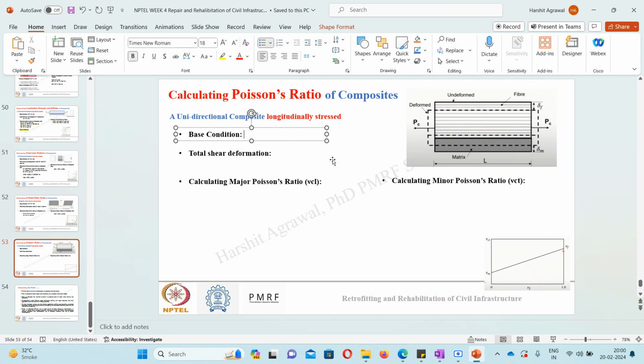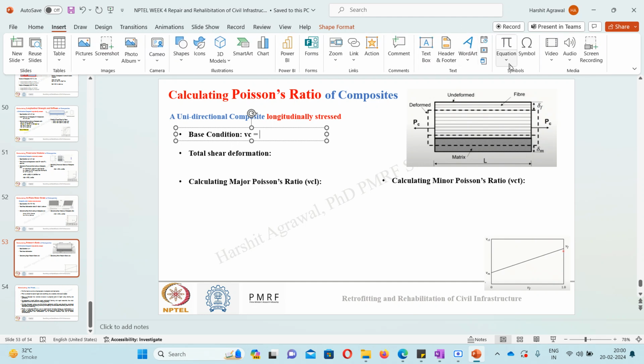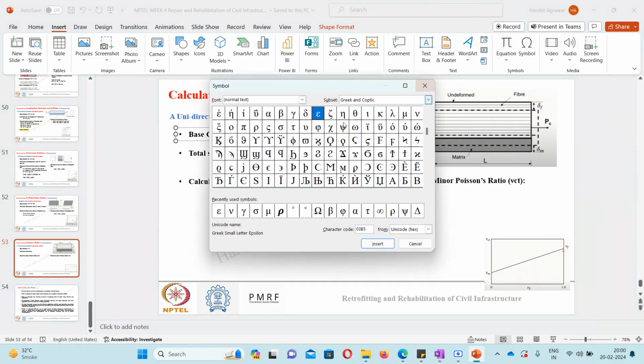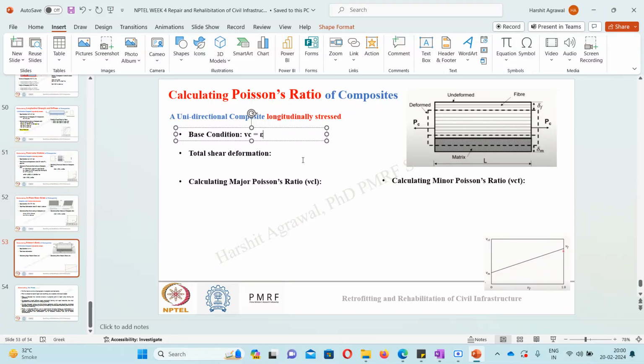I can write Poisson's ratio as strain in transverse direction upon strain in longitudinal direction. So this is my major Poisson ratio.